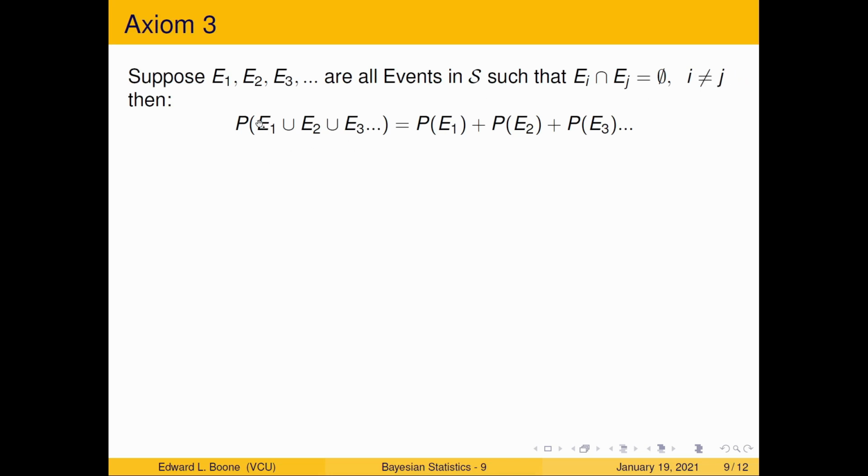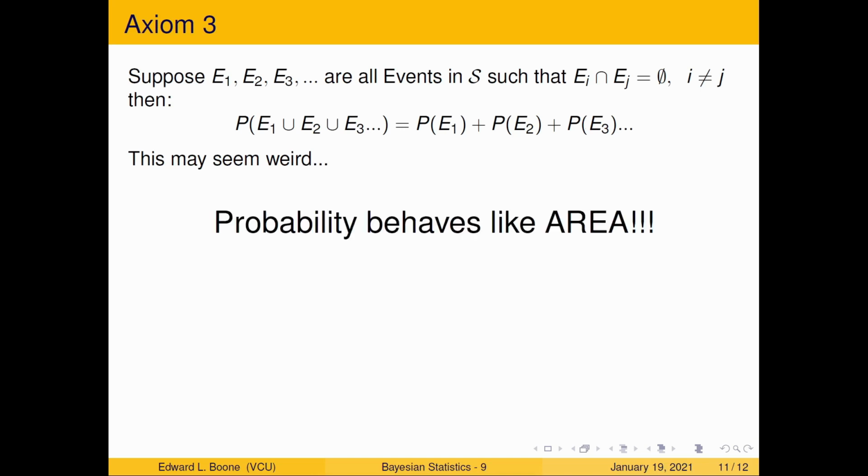Then, if we wanted to union these things together, we wanted to find the probability of all of them combined together, well, that says we can just add up each one of their probabilities individually. Since they don't overlap anywhere, they should be easily added up. And basically what this says is, even though it seems weird, probability behaves like area.